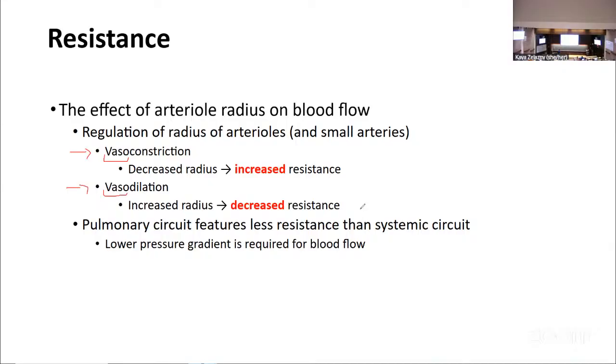And if we compare our systemic circuit to our pulmonary circuit, I didn't label out the fact that in our pulmonary circuit, we also do have blood vessel branching. We won't think about the specifics of that, right? But in our pulmonary circuit, ultimately, we would have less resistance than in the systemic circuit. And this is why we can have that lower pressure difference, creating the same blood flow.